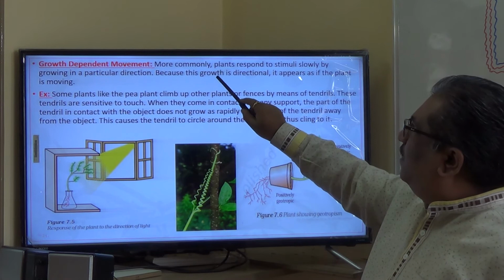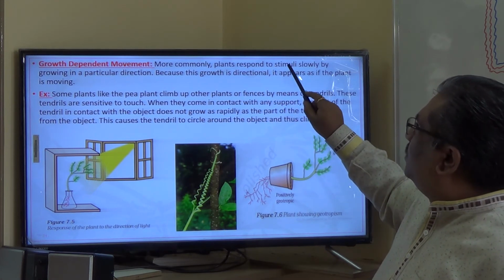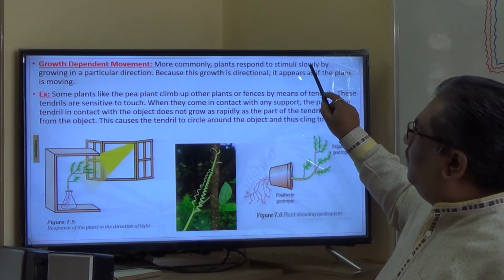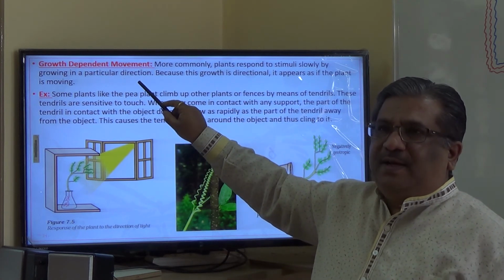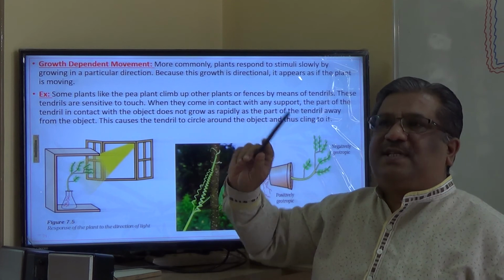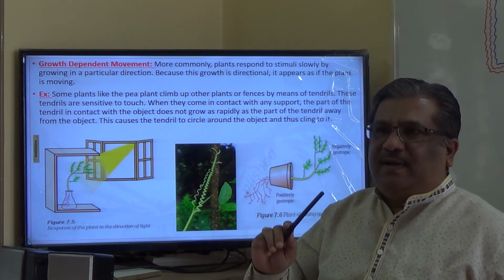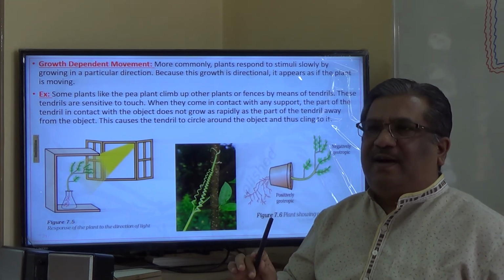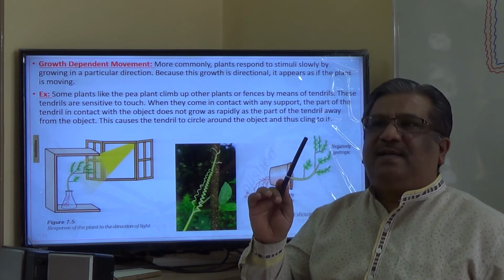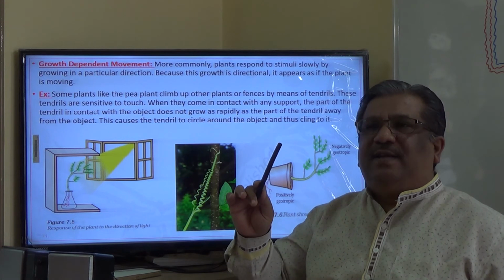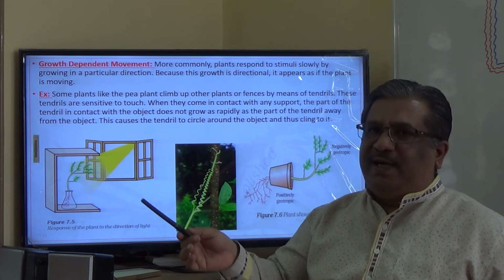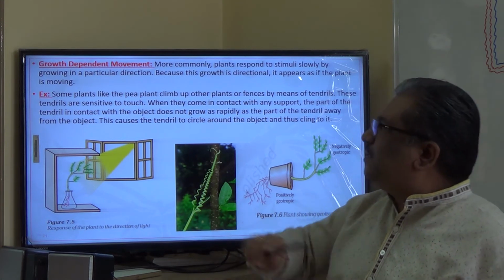More commonly, plants respond to stimuli slowly by growing in a particular direction. So generally for the stimulus, the growth dependent movements are slow. There is a slow response by the plants towards the directional movements which are growth dependent movements.